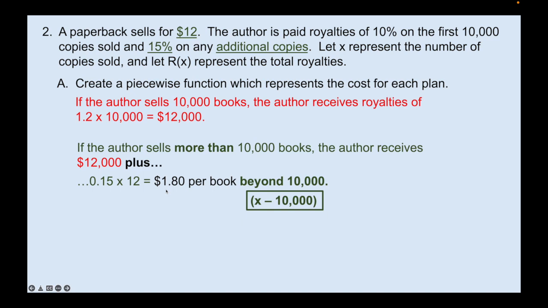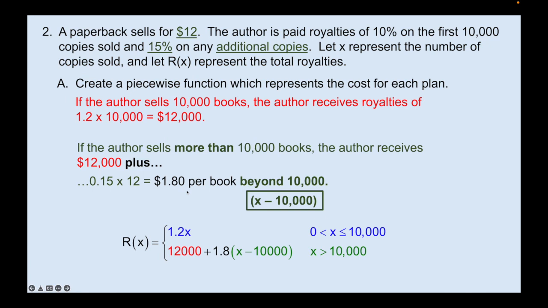Or if we're selling, say, 20,000 books, then we would be doing 20,000 minus 10,000, and that 10,000 would be making $1.80 per book. So the way we're going to express this, again, is the 12,000, the amount that we would get by plugging in the 10,000 here, plus the new rate, which is $1.80, times that quantity that expresses beyond 10,000.